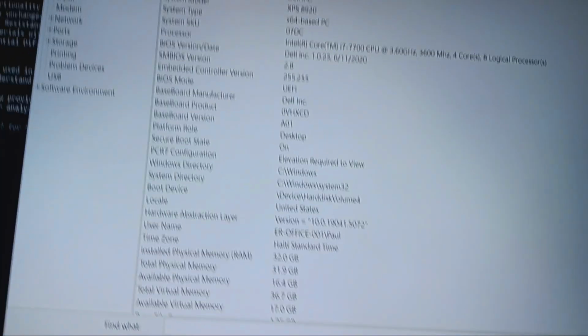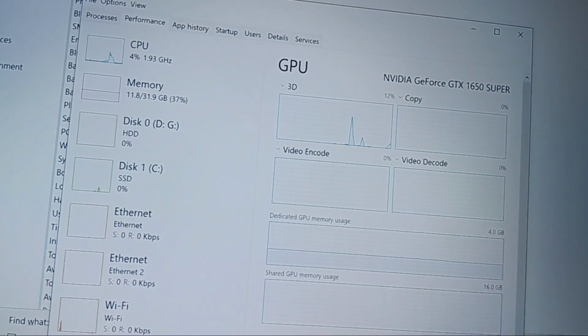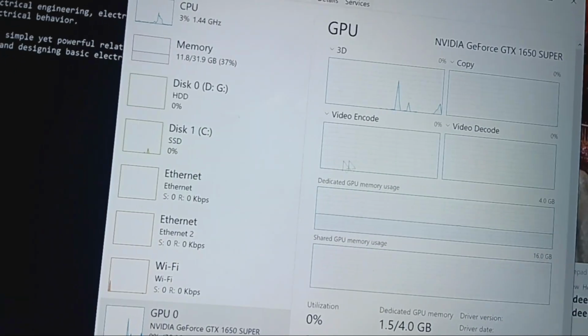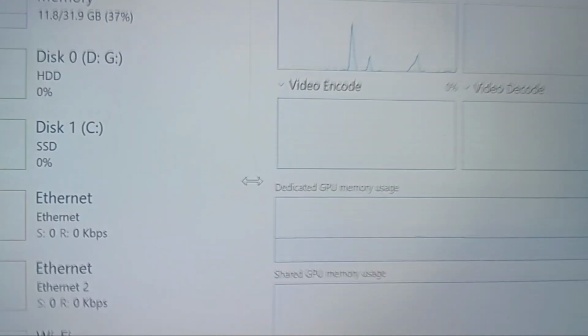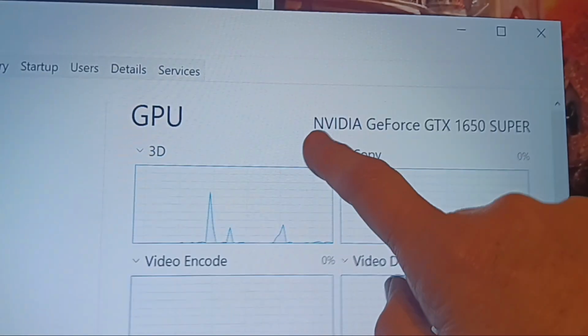This is what it's looking like right now in my task manager. And I'm going to put this over on the side. But you can see it's all quiet. Nothing's happening, right? A little bit of GPU going on. This is GPU, so this is my graphics card, which is right there.